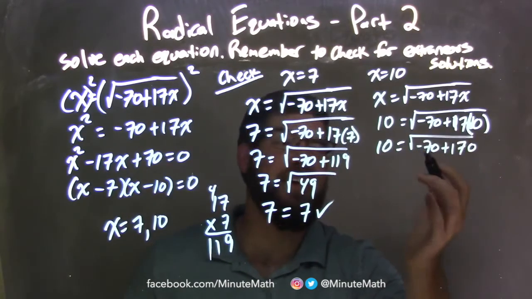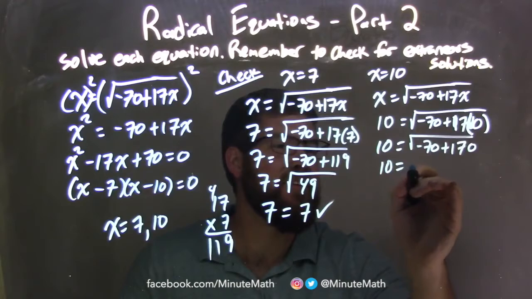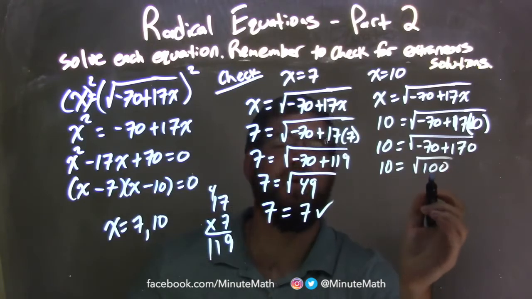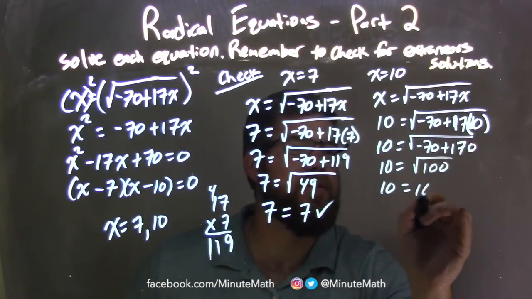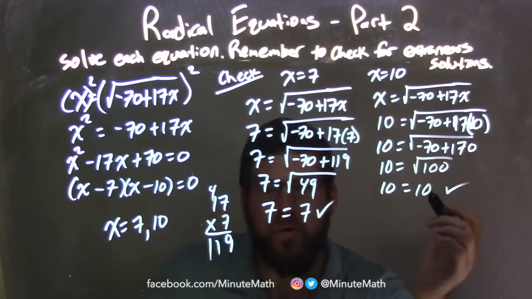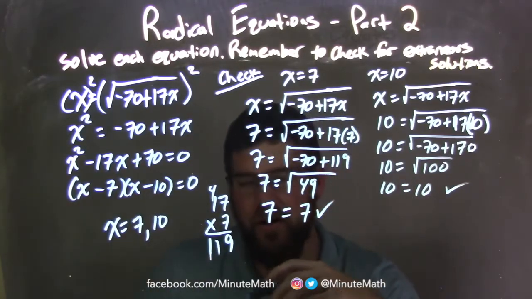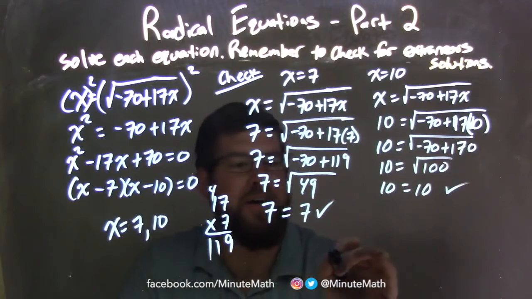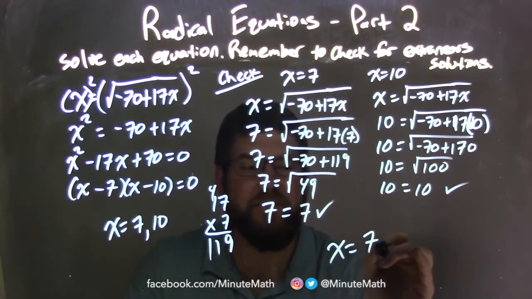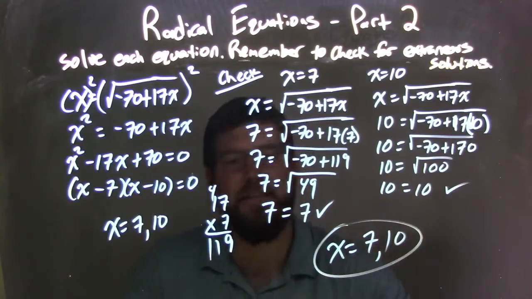Negative 70 plus 170 is just 100, so we have 10 equals the square root of 100. The square root of 100 is just 10, so 10 equals 10. Left and right hand side are both equal, no extraneous solutions here, and so my 2 solutions are, in fact, real, totally real, and they're 7 and 10.